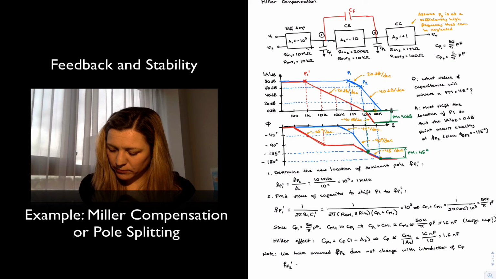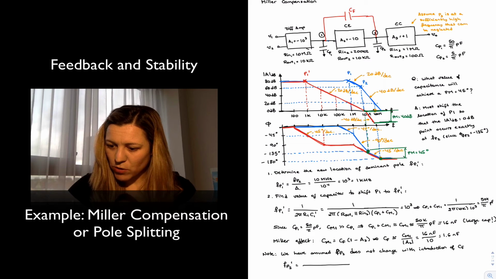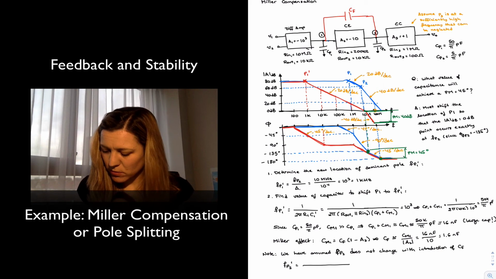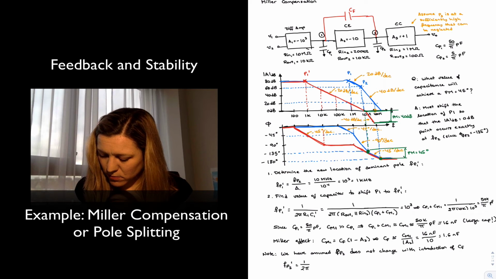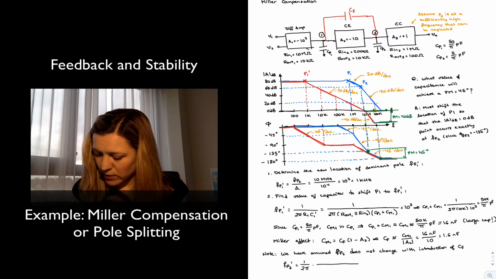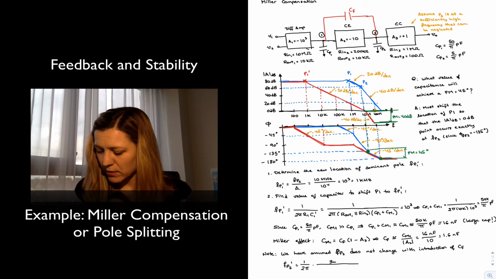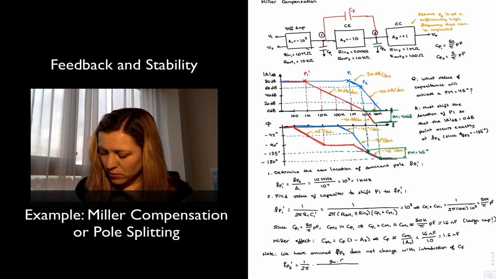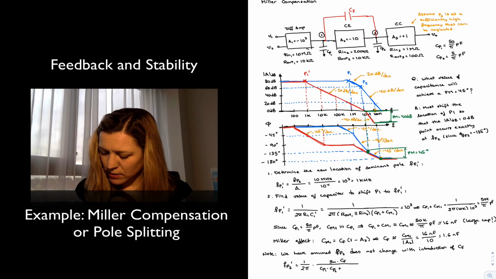Any electronics textbook will show you that the new location of FP2 prime is going to be equal to 1 over 2 pi times the following: Gm, of the transistor in this gain stage A2, times the feedback capacitance CF, divided by CP1 times CP2 plus CF, CP1 plus CP2.